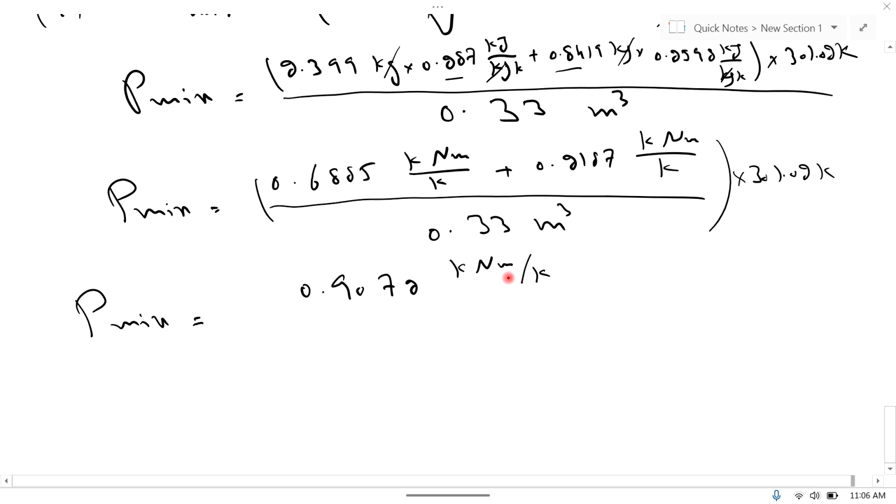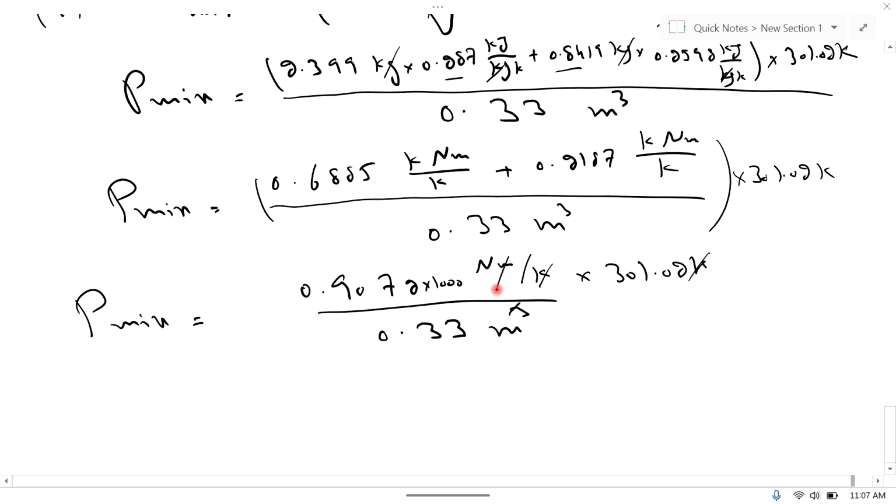multiplied by 301.02 Kelvin and divided by 0.33 cubic meter. So instead of kilo, right here multiply by 1000. Kilo is equal to 1000. So now Kelvin will be cancelled with Kelvin, meter will be cancelled with meter.